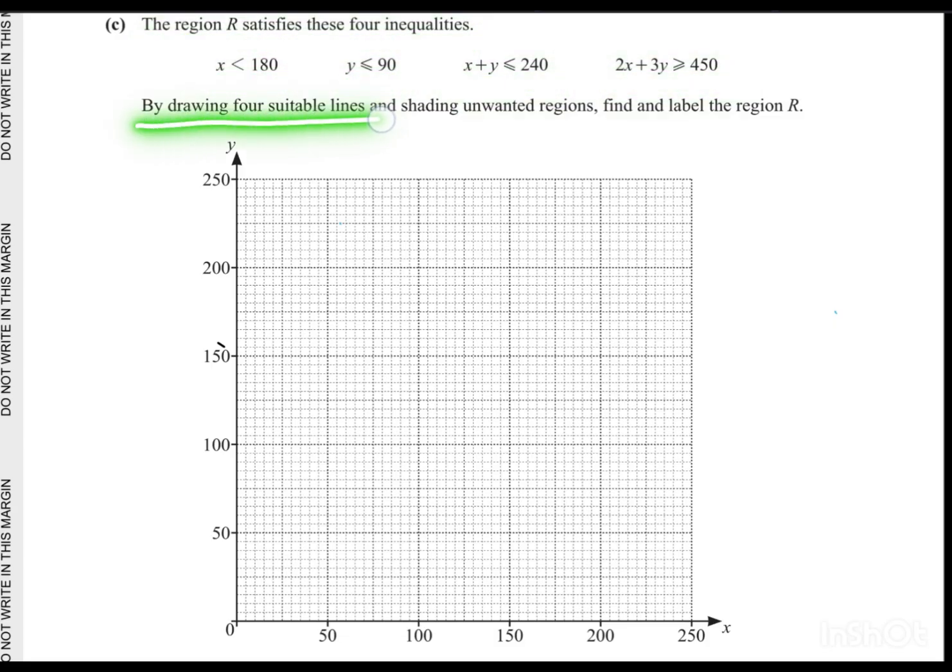By drawing four suitable lines and shading unwanted regions, find and label the region R. So we first write the inequalities as equalities to draw the lines. x is equal to 180, y is equal to 90, and this should be in the form y is equal to mx plus c. So y is equal to 240 minus x.